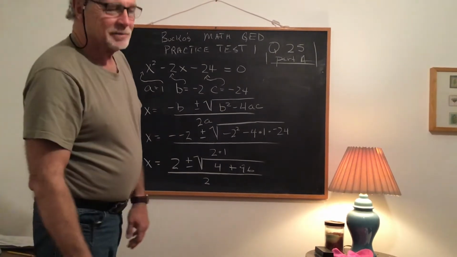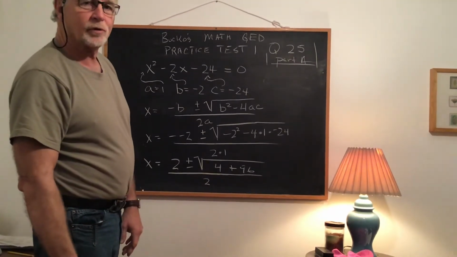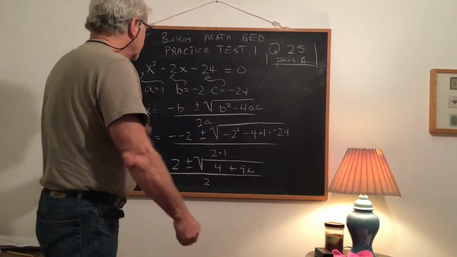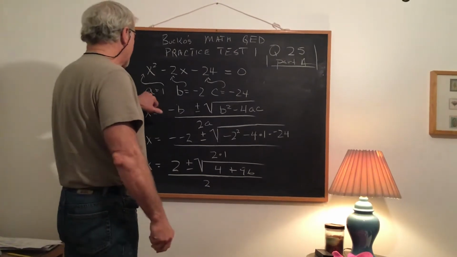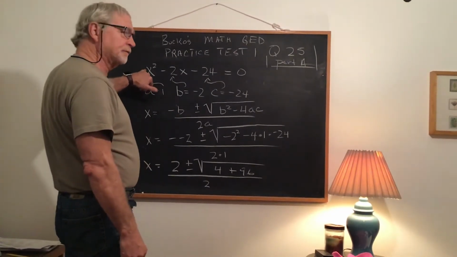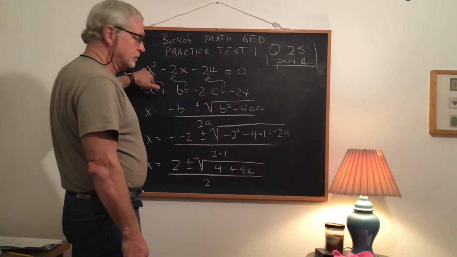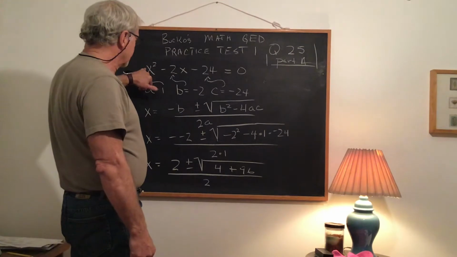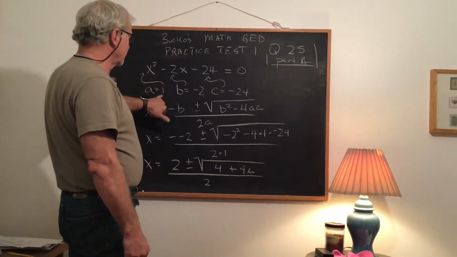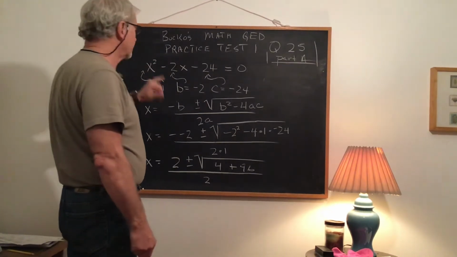X equals negative b plus or minus the square root of b squared minus 4ac, all over 2a. I had to memorize it, but you don't have to. It should be on your formula sheet, the quadratic formula. And a represents the coefficient, or the number in front of the first variable. Since there's nothing there, you can figure that a is a 1, because 1 times any number is that number.